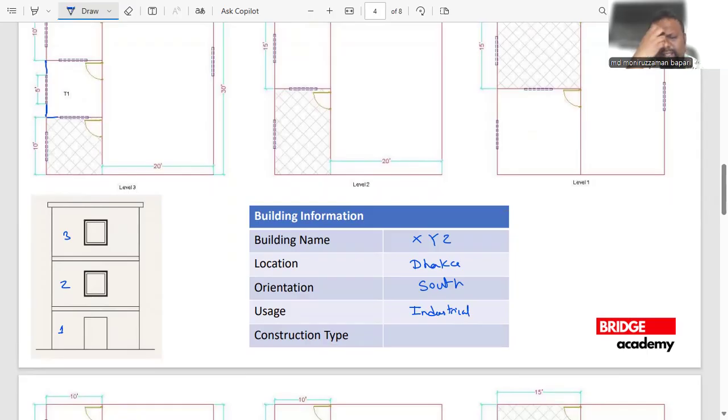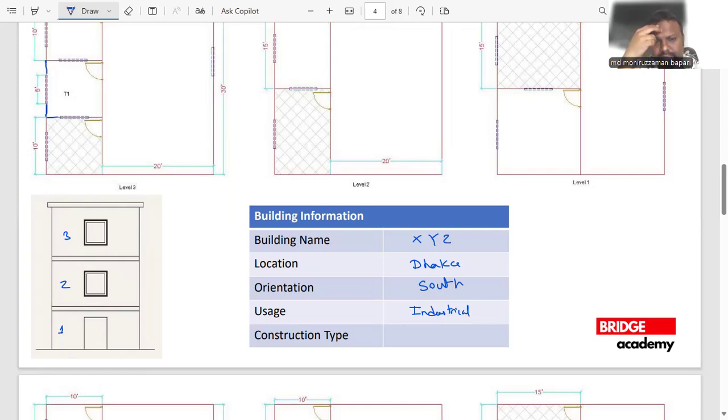I'm bringing the example of industrial building because if I discuss industrial building, I can cover all the topics. And if you can do it for industrial building, you can do it for commercial building, hospitals, also education like schools and residential buildings, everything.